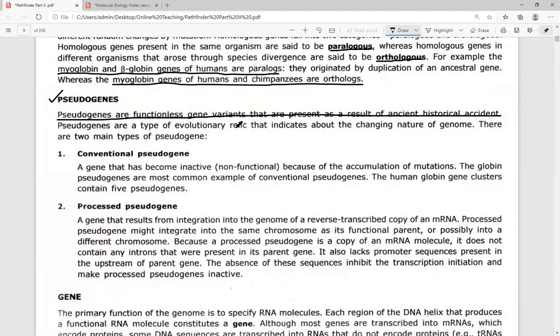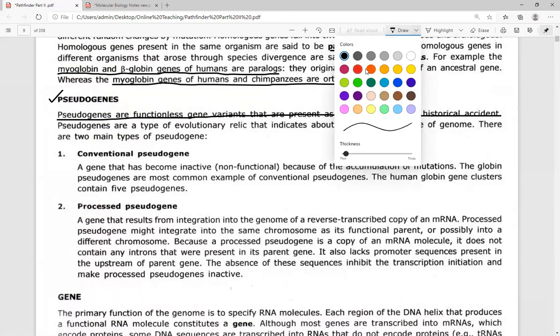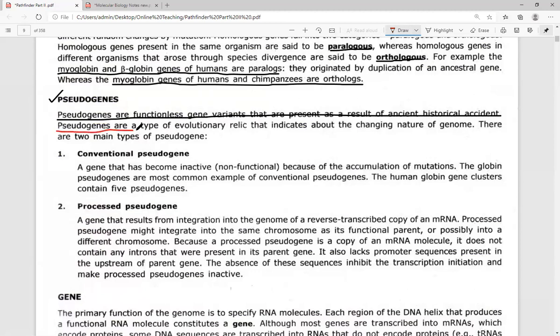Pseudogenes are a type of evolutionary relic that indicates the changing nature of the genome. So pseudogenes clearly illustrate that the genome is always changing. Genome cannot be constant and the genome is always evolving as well as changing its nature. सूडोजीन ये बताते हैं कि जीनोम कभी भी कांस्टेंट नहीं रहता, जीनोम हमेशा ही इवॉल्व करता रहता है.